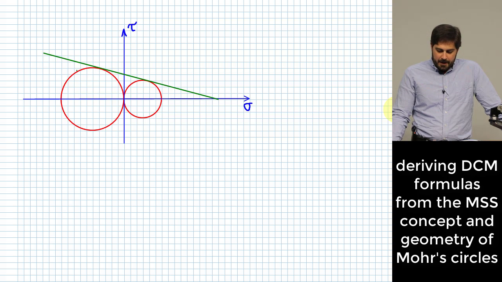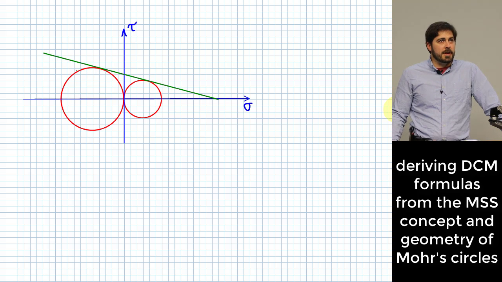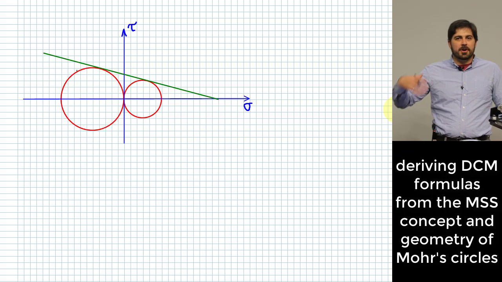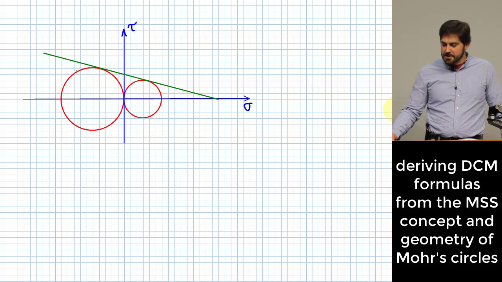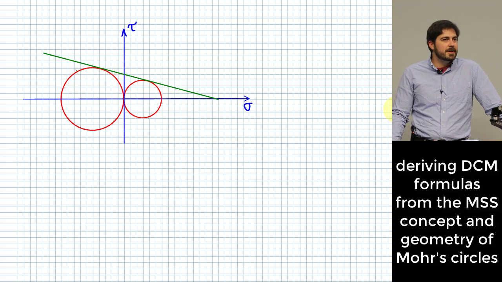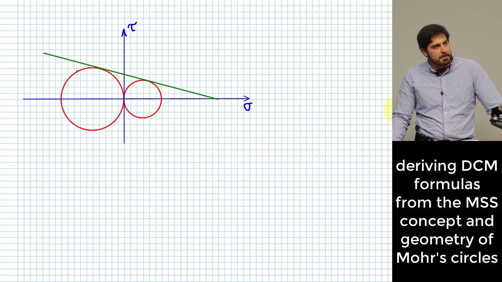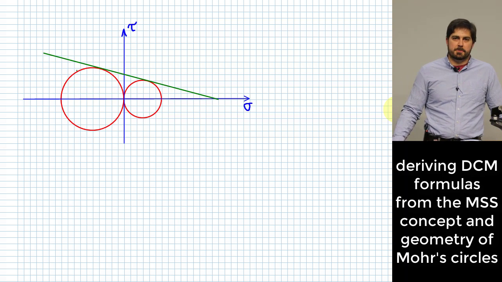The basic concept is still the same as before: whenever the maximum shear stress in the material reaches the shear stress that would cause the tensile specimen to fail, that's when you expect it will fail. Same concept, but now we have two different sizes of Mohr circle for a tensile specimen versus a compressive specimen.